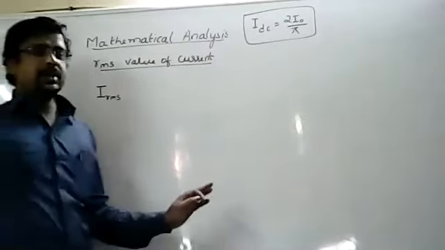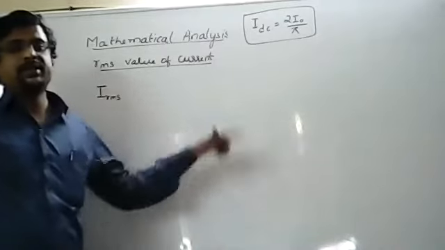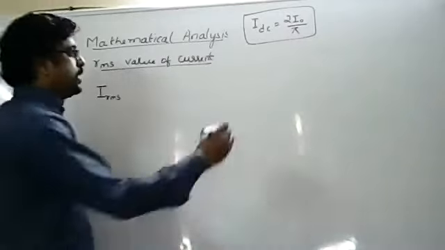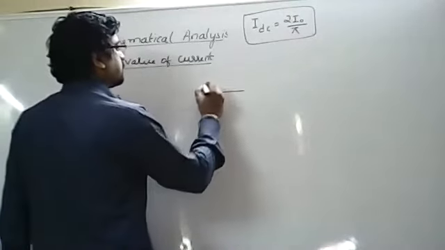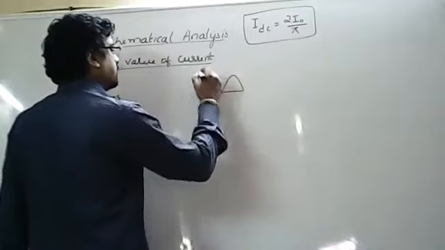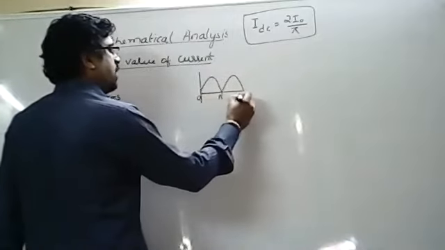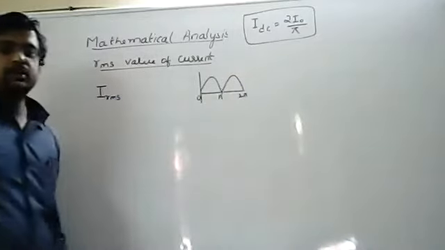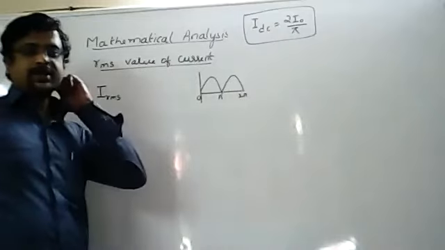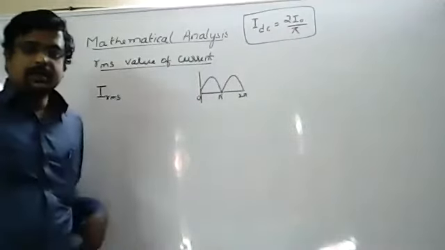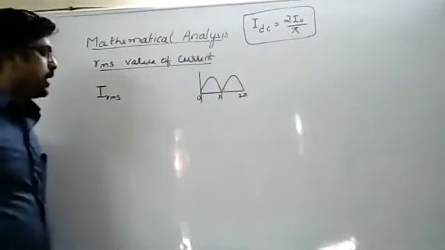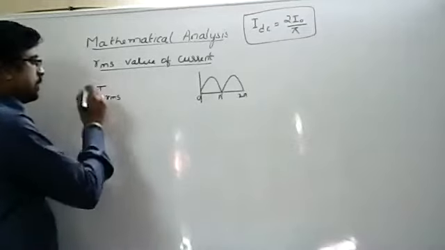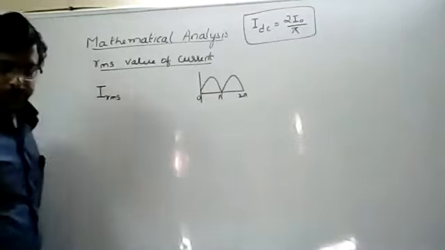Now the RMS current you need to find for one complete cycle, from 0 to 2 pi. So there will be a little bit of variation in the RMS current. So what does the RMS value represent?